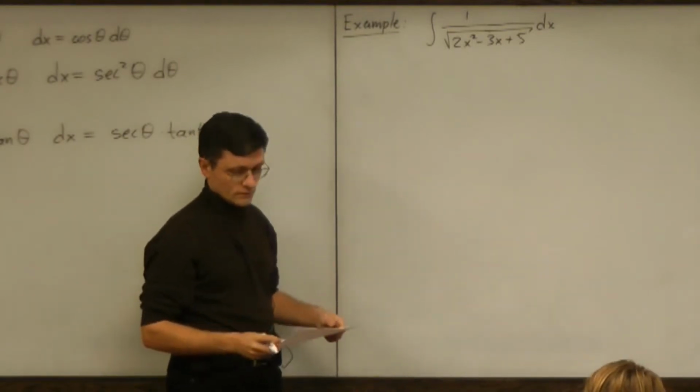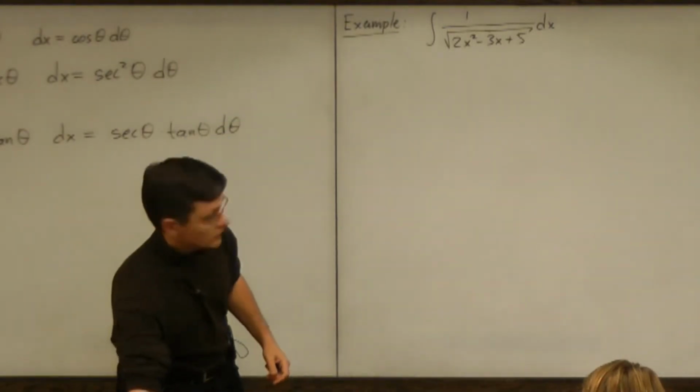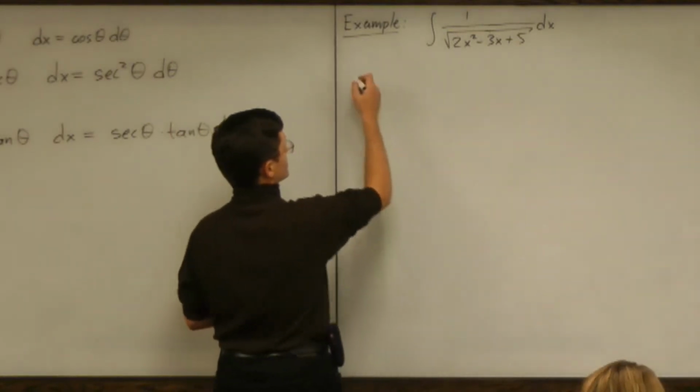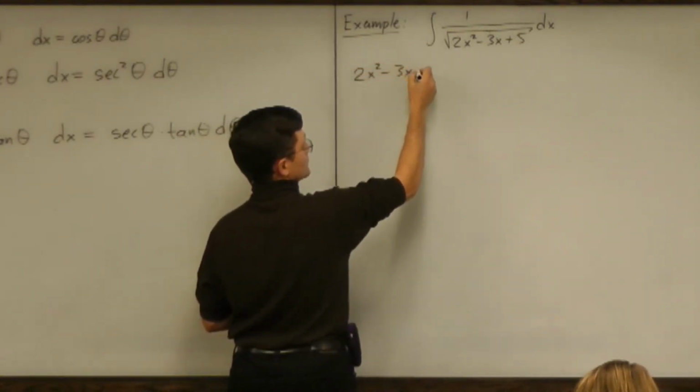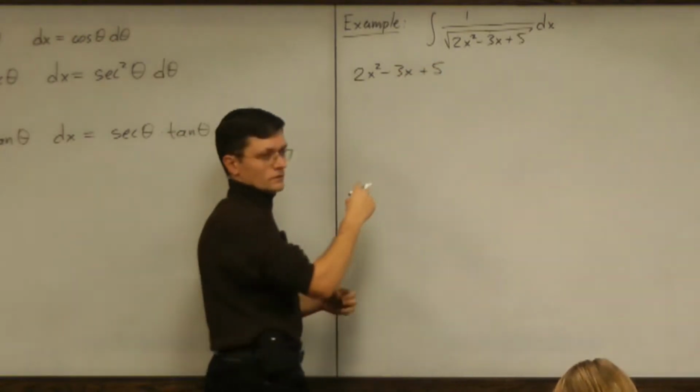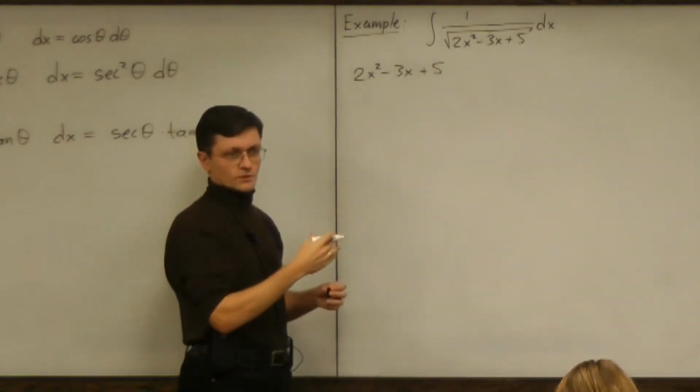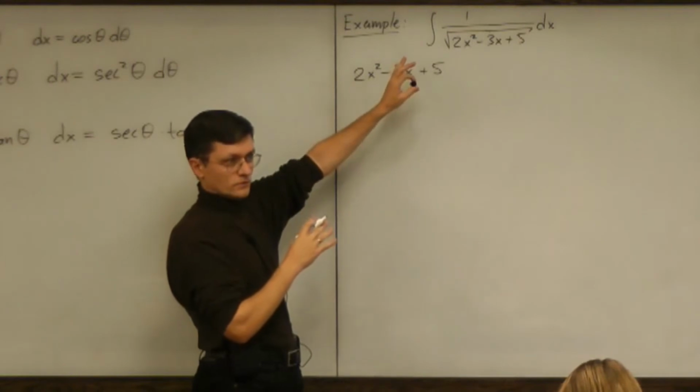And then the first thing to do is going to be to complete the square. So I look at 2x squared minus 3x plus 5, and I do that simple algebra. That has nothing to do with the integral.